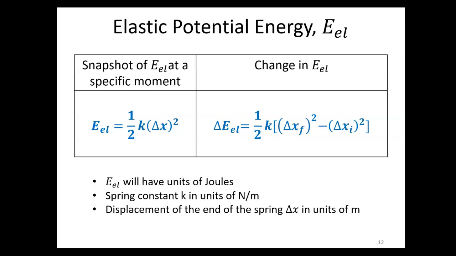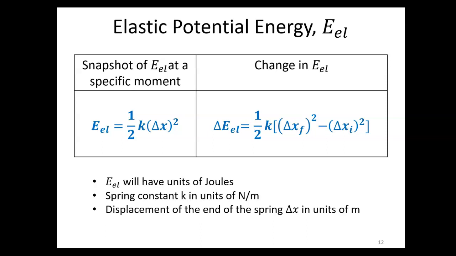If we want to know a change in elastic potential energy, for example, initially the spring was stretched by 2 centimeters, and then we stretch it to 5 centimeters, so the amount of the displacement has changed, then we can find the change in the elastic energy as half of the spring constant times the final displacement squared minus the initial displacement squared.